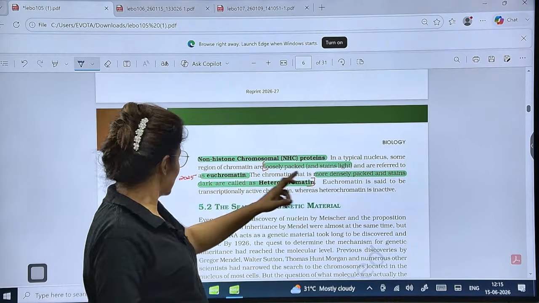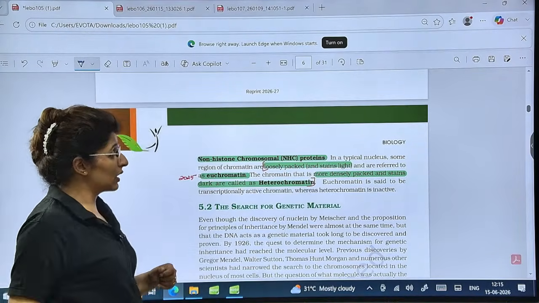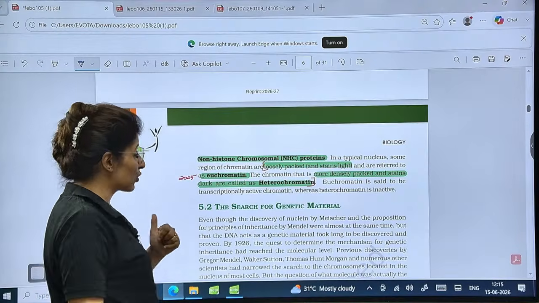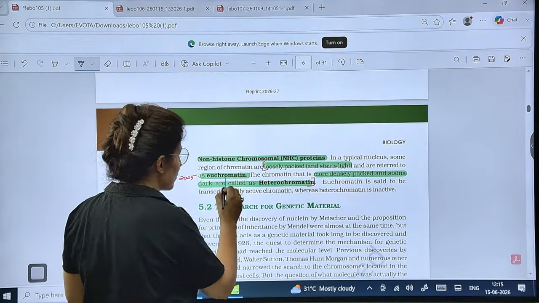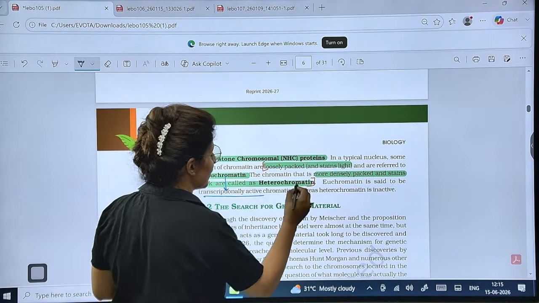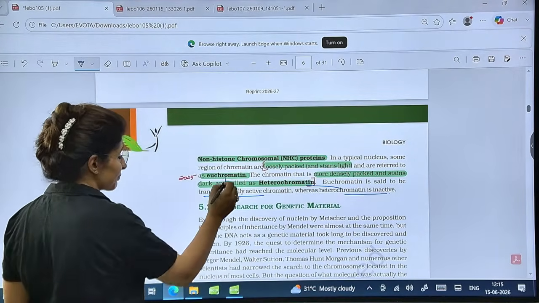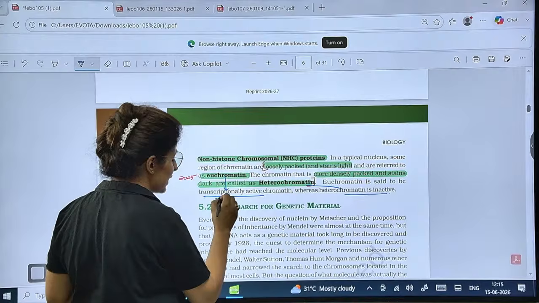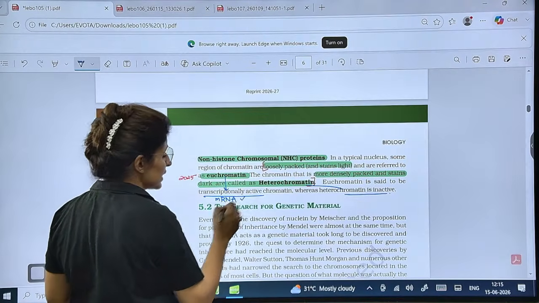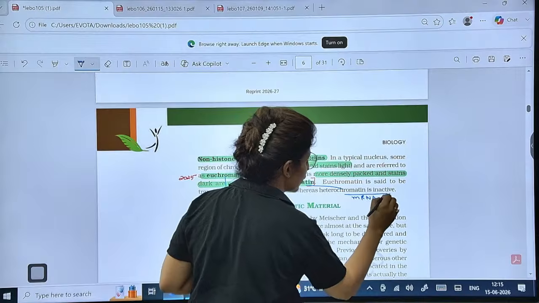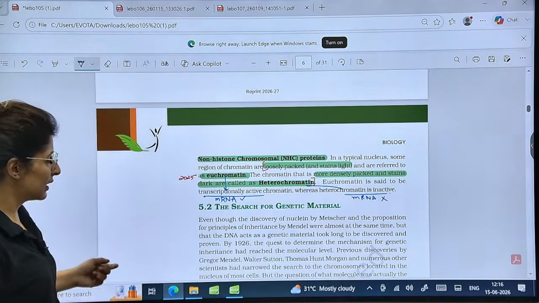Loosely packed DNA is known as euchromatin, asked in 25, and more densely packed DNA is known as heterochromatin. What is the difference? Euchromatin is transcriptionally active while heterochromatin is inactive. That means euchromatin will form mRNA and later proteins, and heterochromatin will not form mRNA, and therefore no proteins are synthesized here. Is that clear?